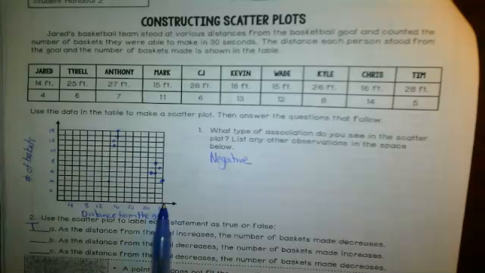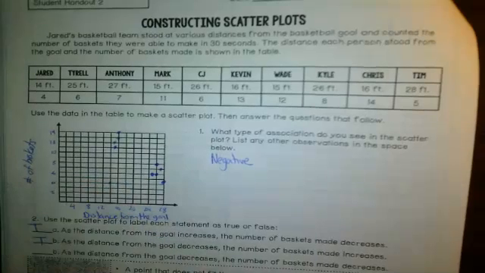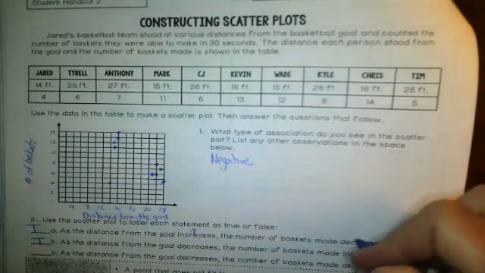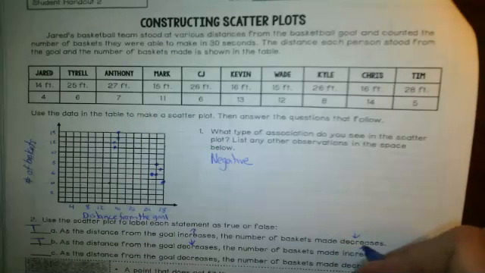As the distance from the goal decreases, the number of baskets made increases. So I guess as you go this way, does it go up? So if you're closer, were they shooting more baskets? Yes. As one goes up, the other one goes up. As one goes down, the other one goes down. So up, down, down, up.